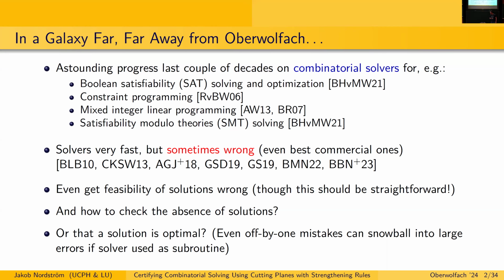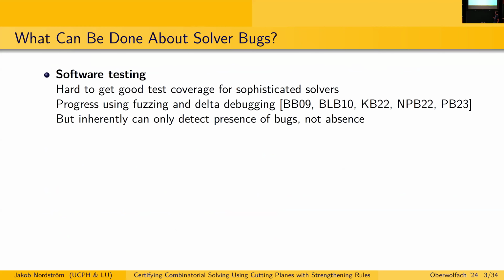So how do people try to address correctness? Well, the obvious thing you can do is software testing, and there are fairly advanced methods for software testing these days that work very well, but inherently, when your testing platform says that it didn't find any further bugs, that means exactly that whatever bugs there might still be, we don't know if they are there. So we want a more principled mathematical approach.